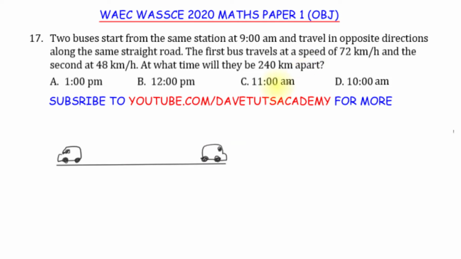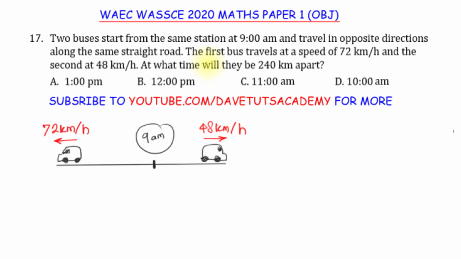Now, we are told that at 9 o'clock, this is the initial starting point, and the time now is 9 a.m. One bus is traveling at a speed of 72 kilometers per hour, and the other bus is going at a speed of 48 kilometers per hour.